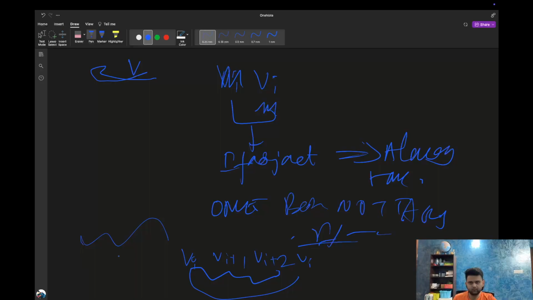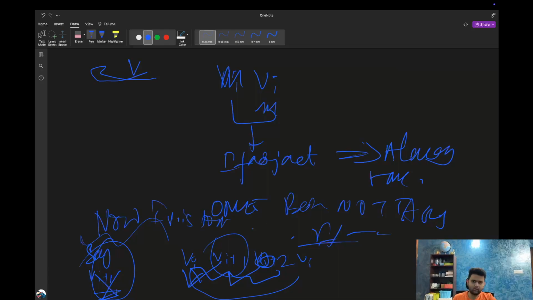No, never better. So say you have vi plus 1 here, right? So say if I have a vi plus 1 here, if I just didn't take this, I would have both, right? But if I take this and I take this, then I risk not taking this. So this same, but now I risk not taking vi plus 2.